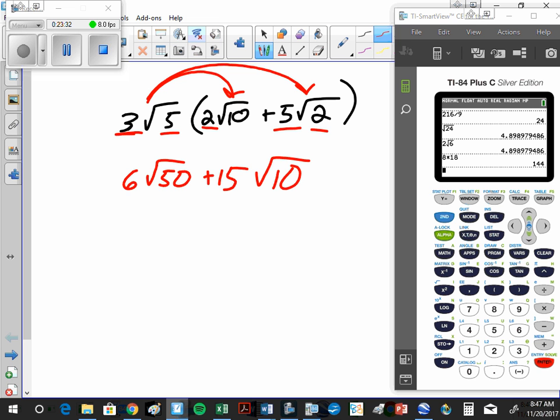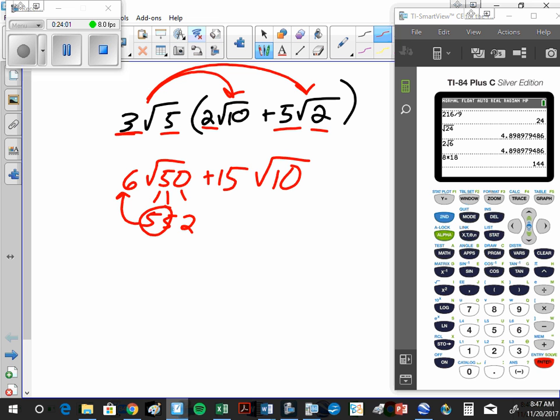And then I need to double check, does anything simplify? Well, square root of 10, what are the factors? 2 and 5. Do I have any pairs? Nope. What is 50 made up of? 5, 5, and 2. So this is 5, 5, and 2. Can I bring anything out? Bring out a set of 5s. What do I do with it?